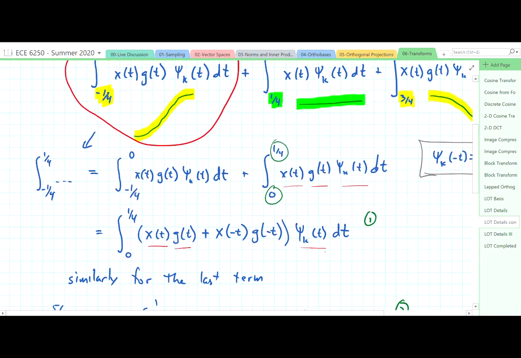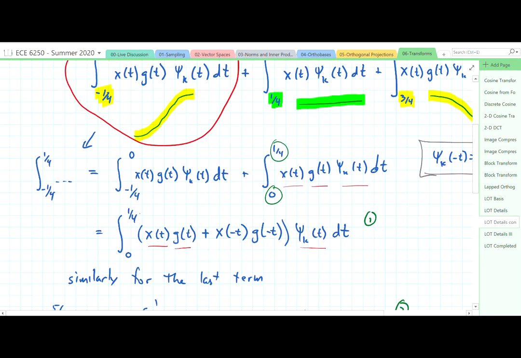Now for the second one, we can put in a negative t. And so now we would get x of negative t, g of negative t. But since psi is even, that's just psi of t. So we can factor that out.